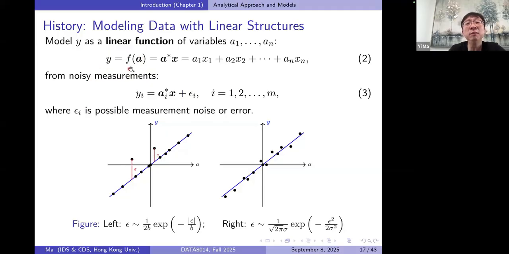The simplest predictor we can build is assuming the function f is linear: just a weighted linear combination of those variables A1 to AN. So the rest is just to find out what those X are in order to predict.